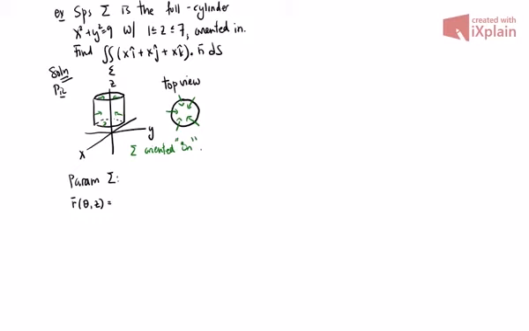For the x and y, I need a cylinder of radius 3. So we'll do 3 cosine theta and 3 sine theta. That gives us a circle, and then we'll do zk. Theta will go from 0 to 2 pi, and z will go from 1 to 7.